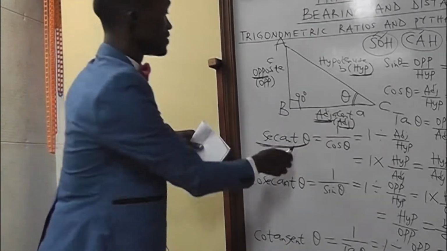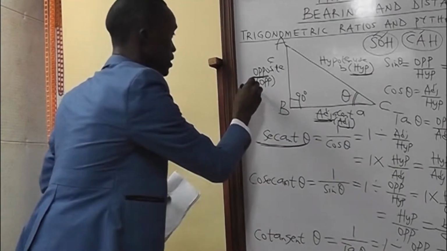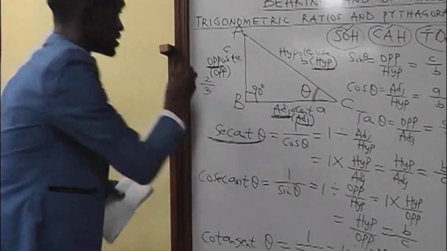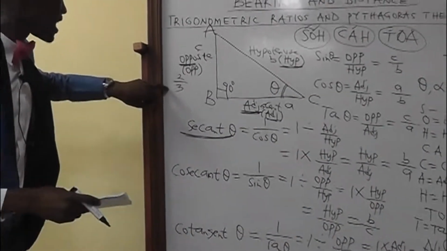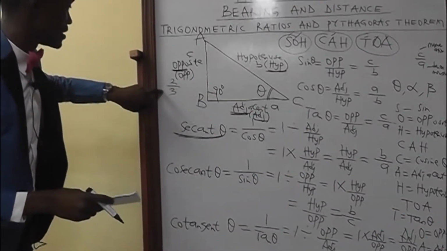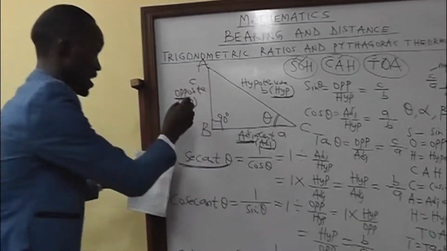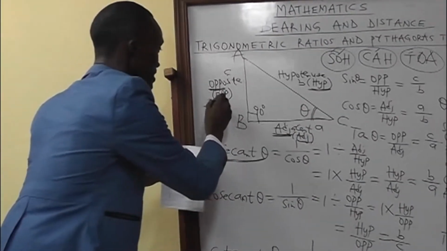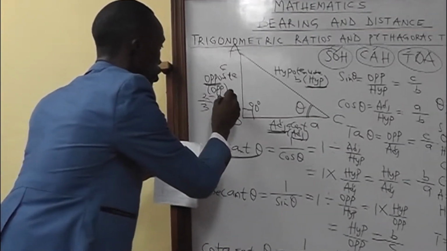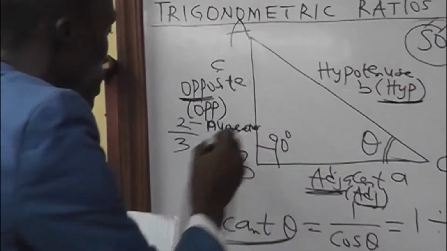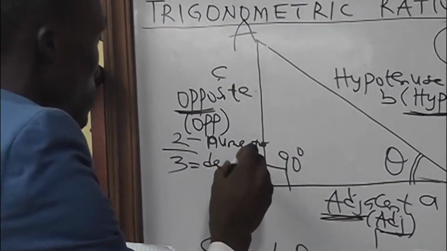Assuming we have the value of our cos as 2/3, for instance, the secant of this particular thing is just taking the inverse. What do we mean by taking the inverse? 2 here is the numerator, 3 is the denominator.